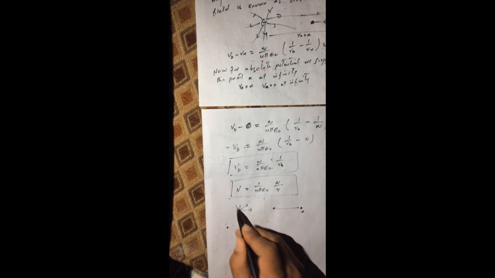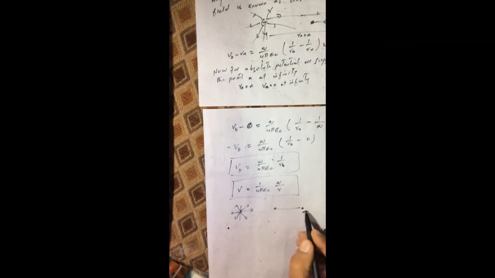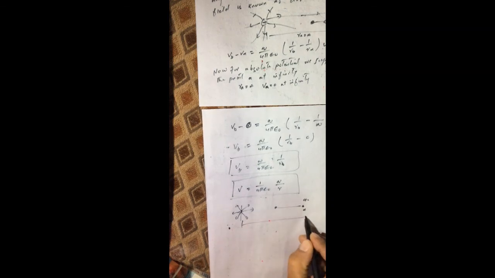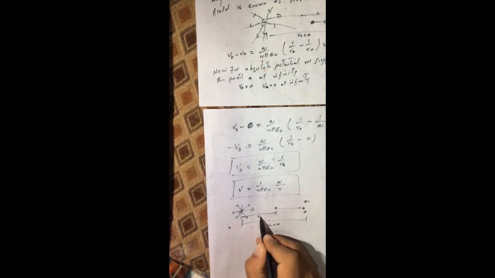So we are moving this test charge Q naught from RA equal to infinity to RB. This value is called absolute potential.